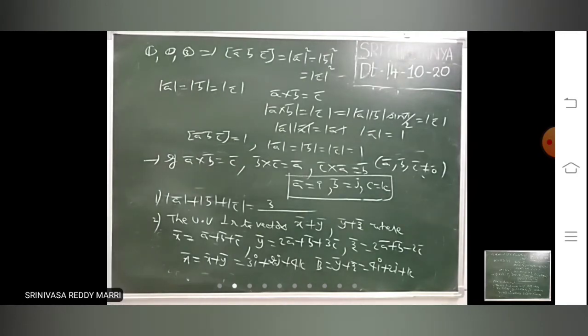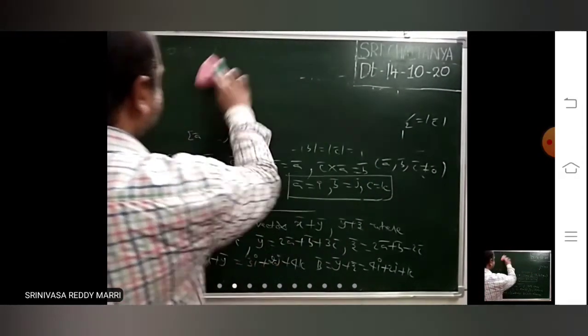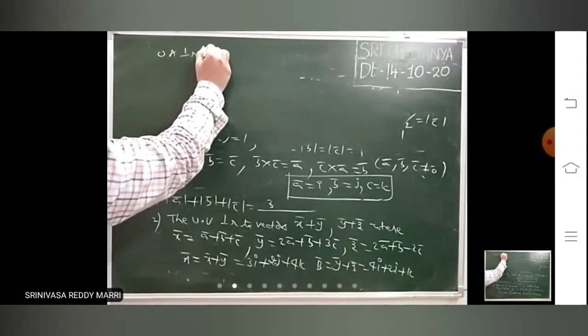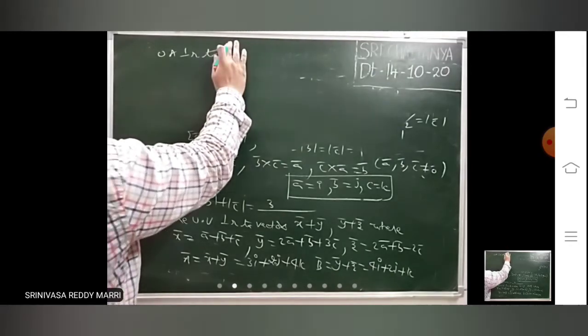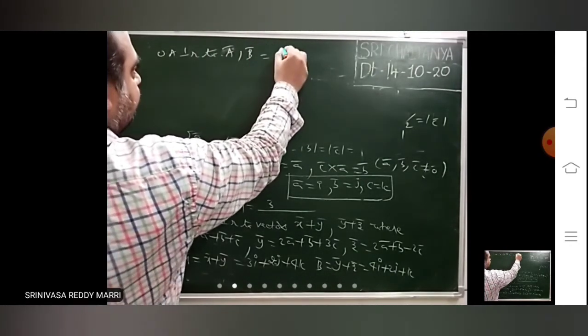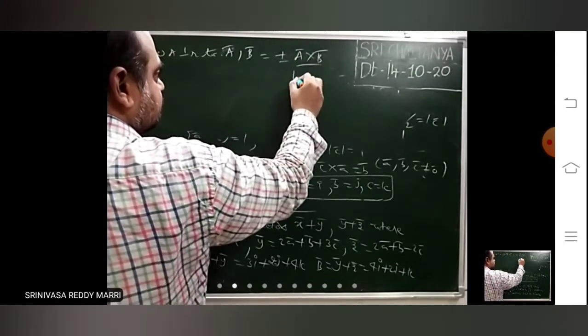Right? So now you have to find a unit vector perpendicular to A bar, B bar. Unit vector, we know the formula. There will be two unit vectors.